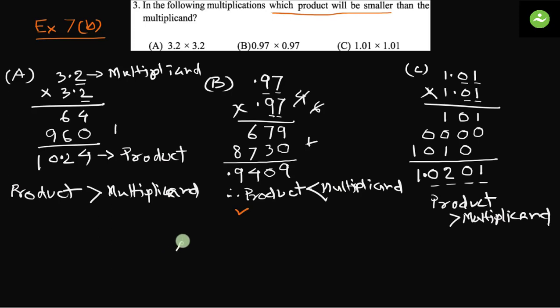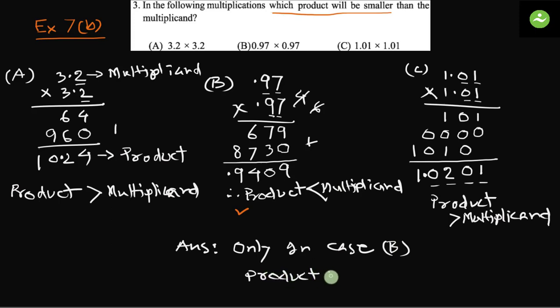Therefore the answer is only in case B, the product is smaller than the multiplicand.